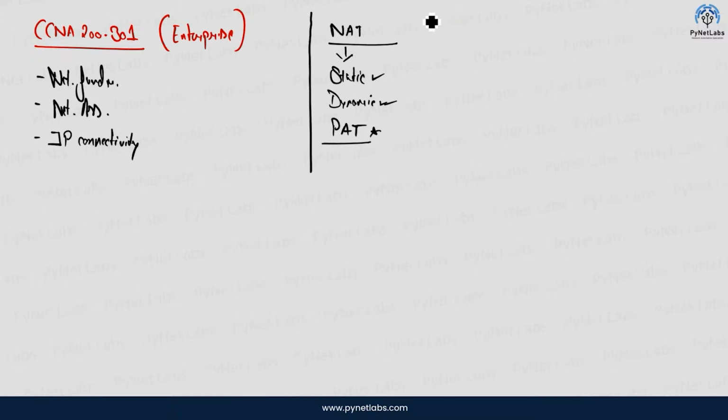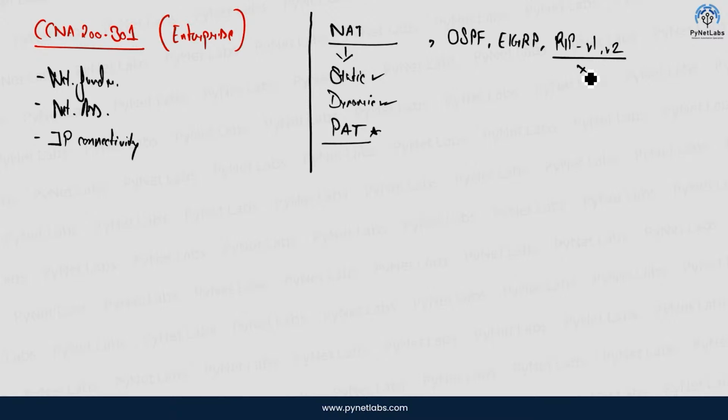For example, among routing protocols, mainly OSPF and EIGRP are discussed, but there is one more protocol, RIP, with version 1 and version 2. Nobody discusses RIP because it is obsolete and not really used in production environments.